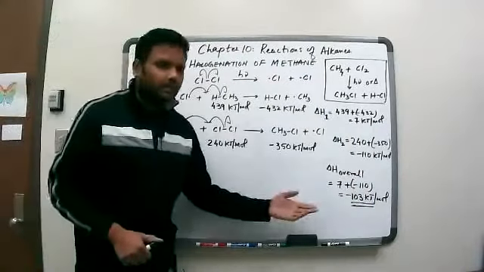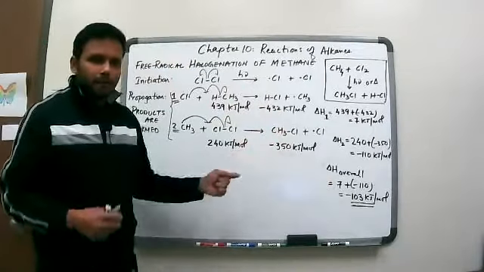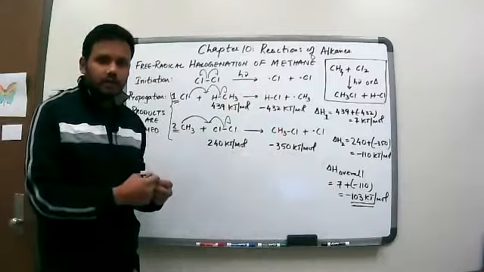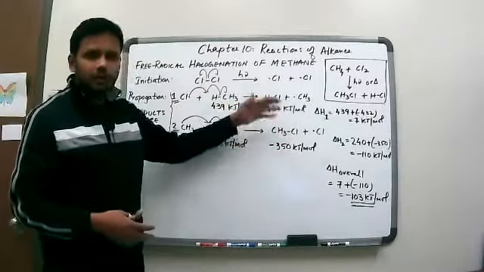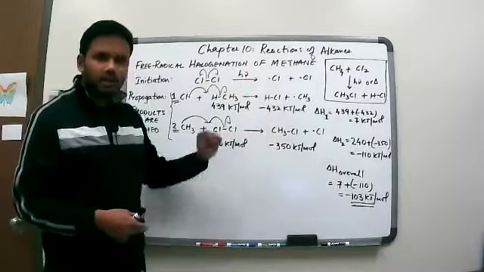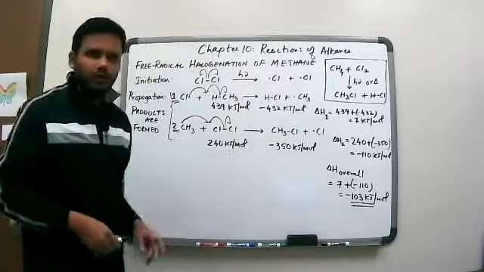So that's the delta H for the two steps combined. And again, going back to what I was saying earlier, since the bulk of the products are formed in these two steps, methyl chloride and HCl, this is the delta H for the overall reaction.